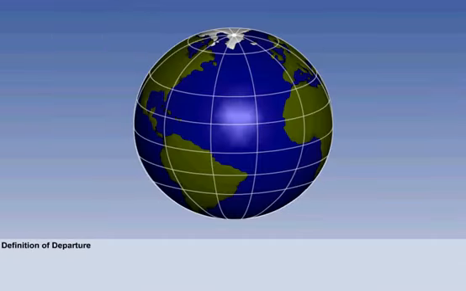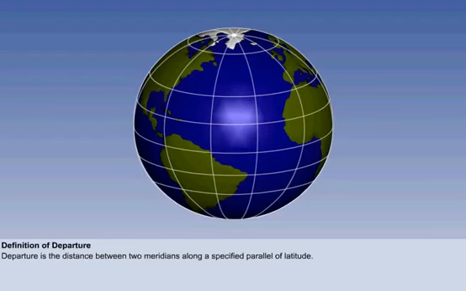So now let's define departure and work out how to calculate it. Departure is defined as the distance between two meridians along a specified parallel of latitude. So departure is always a rhumb line, the parallel of latitude. It's important to understand this. There will also be a great circle distance between 2 points, which will be shorter, but this is not departure.